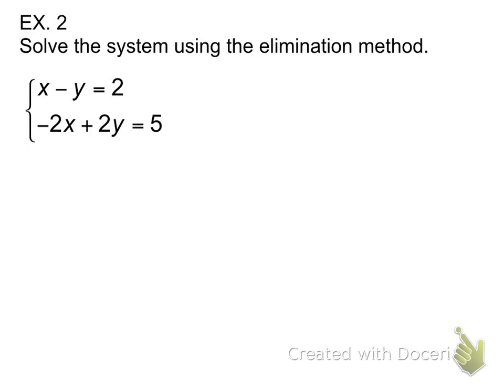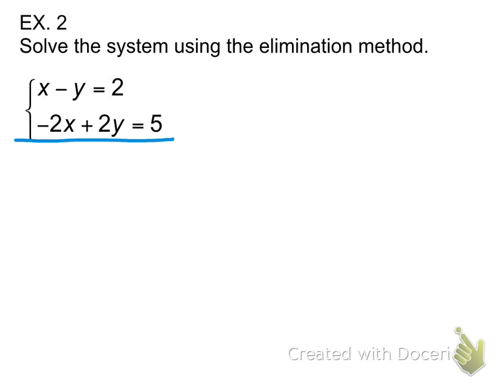Okay, in example 2, I have x minus y equals 2 and -2x plus 2y equals 5. So again, I'm trying to look at the two variables and decide which one I want to cancel out and what I can multiply by one of the equations to get that variable to cancel. I'm going to try to get the x's to cancel.